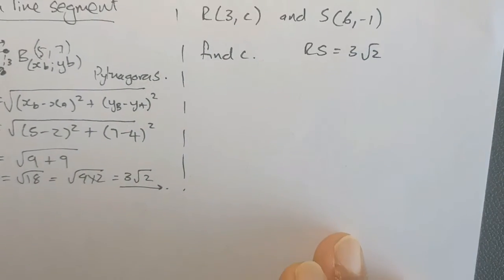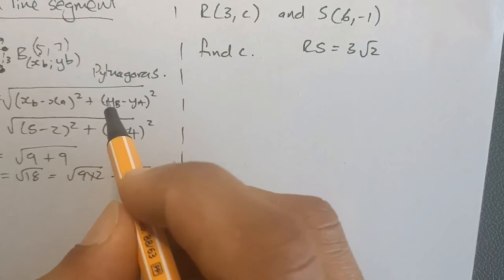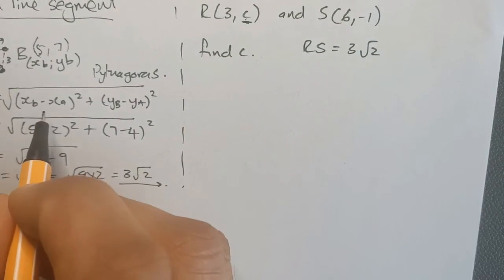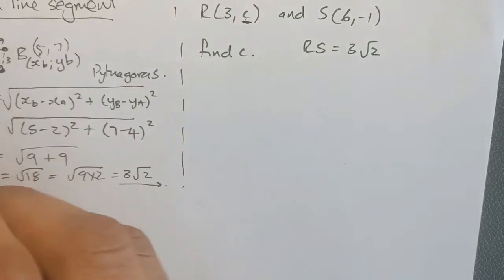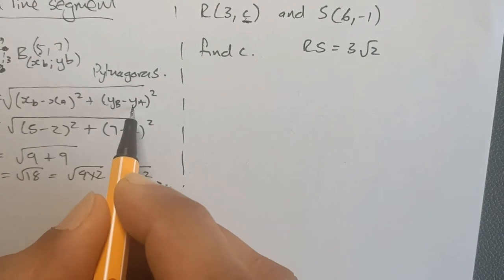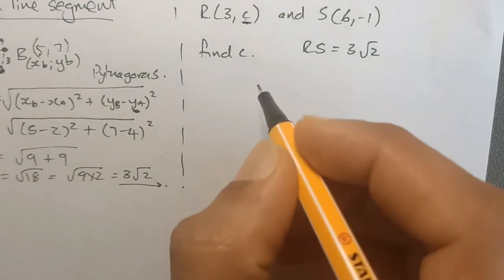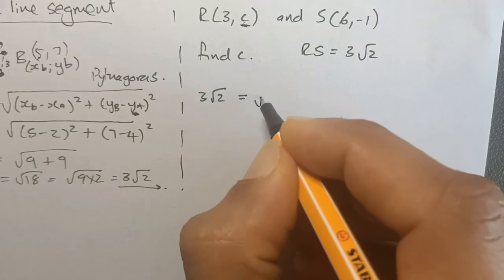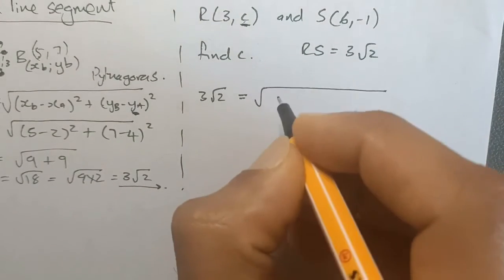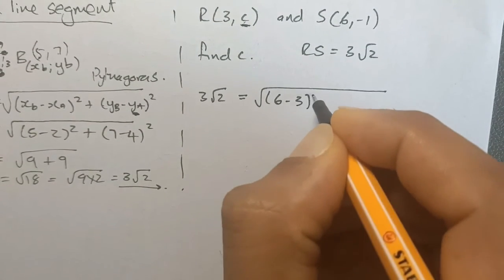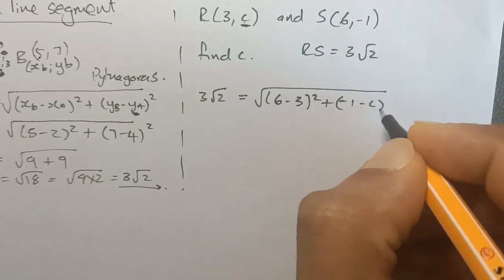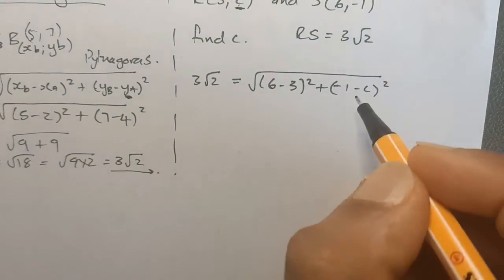What you would do in this example is substitute it all into the formula, but the only thing you won't substitute is YA, which we replace with C. So I'll end up with 3 root 2 equal to the square root of (6 minus 3) squared plus (-1 minus C) squared, and as you can see the C value is still there.